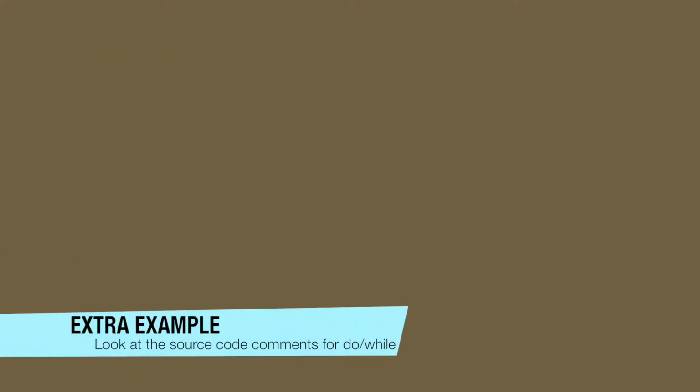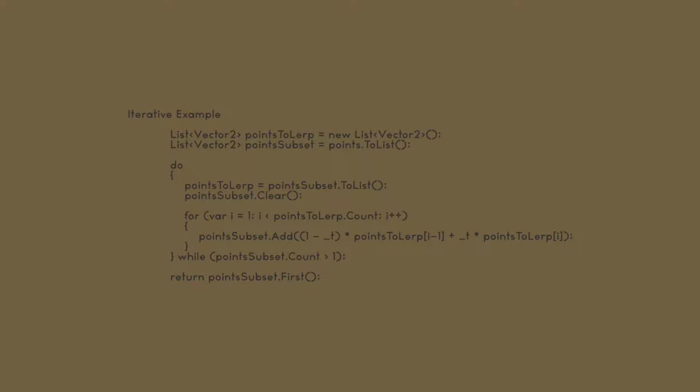If you have more than one element in a list, you need to lerp on those points until you only get 1 point. So it might be easier for you if you do it as a do while loop and you have a separate list that you contain as a resulting list. This is another version of the algorithm you can implement. So let's say the main algorithm takes a list of points, and inside the code you have another list that you named resulting point set.